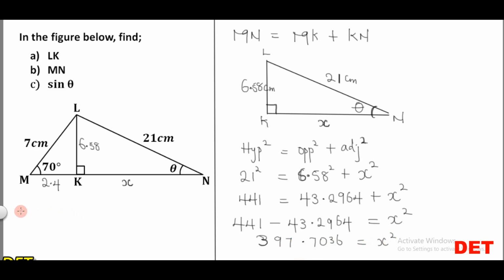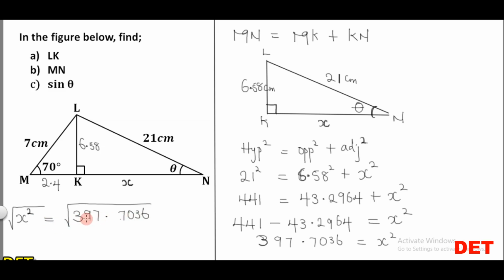So I have my X squared to be equal to 397.7036. To remove this square, I will have to find the square root of both sides, because what I'm looking for is X and not X squared. So this will be the square root of X squared, and this will be the square root of 397.7036.